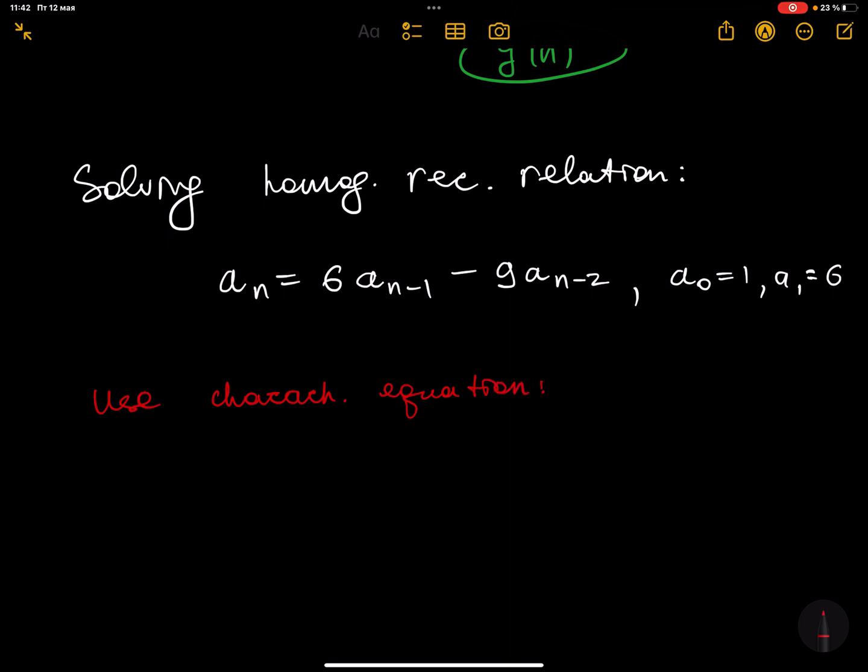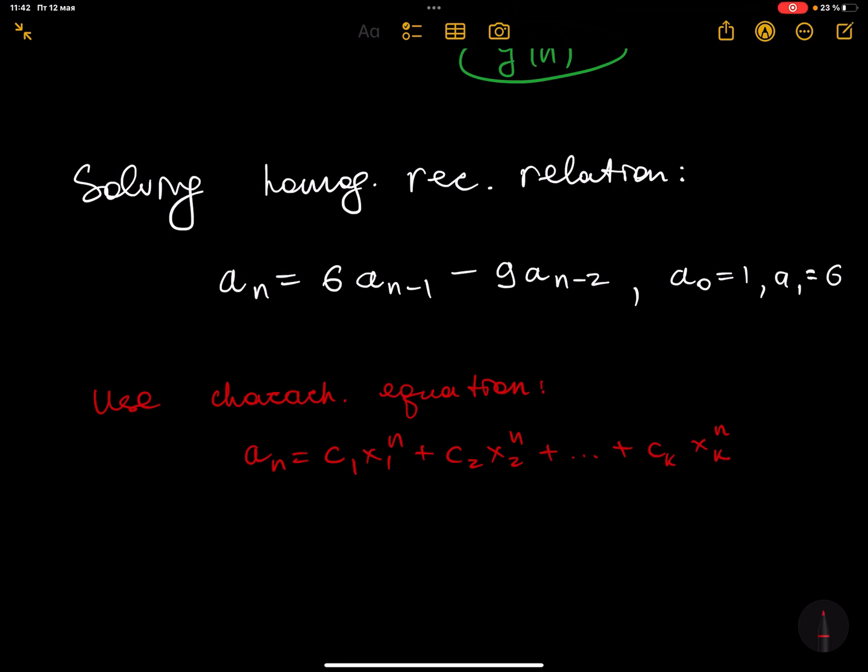Let me write the template, or the format: a_n equals c1 x1^n plus c2 x2^n plus ... plus ck xk^n.